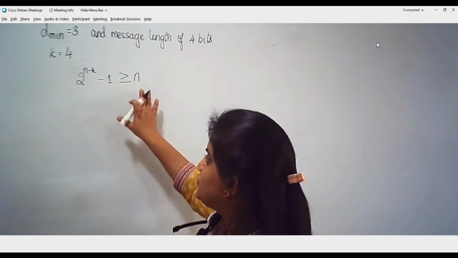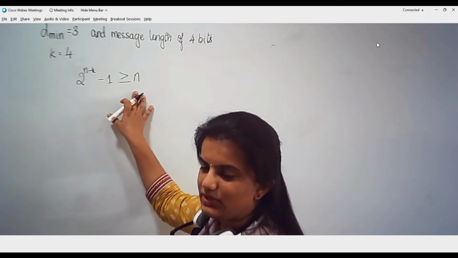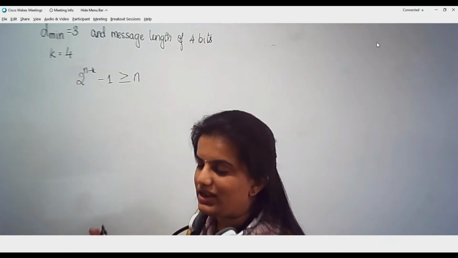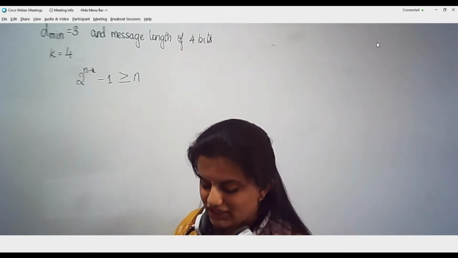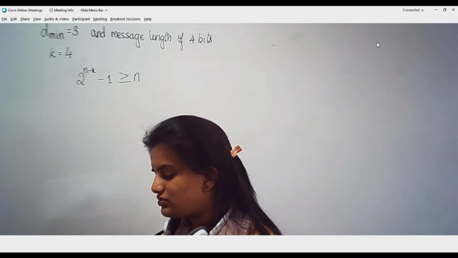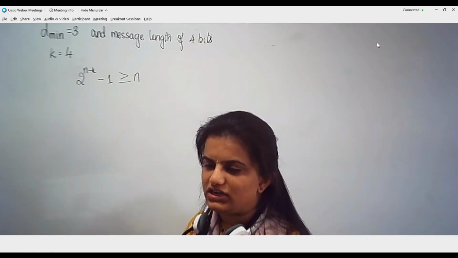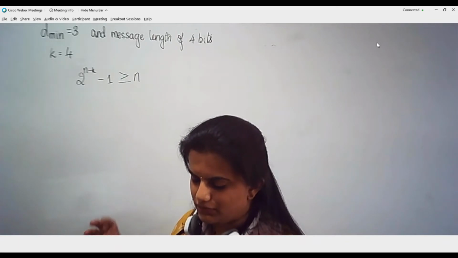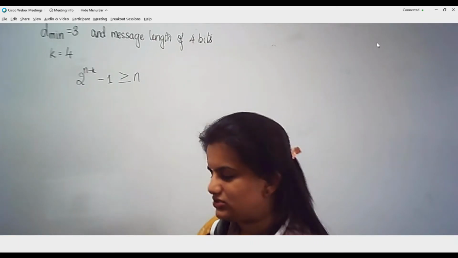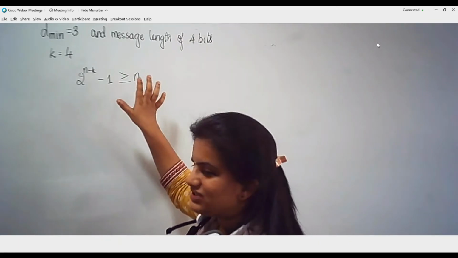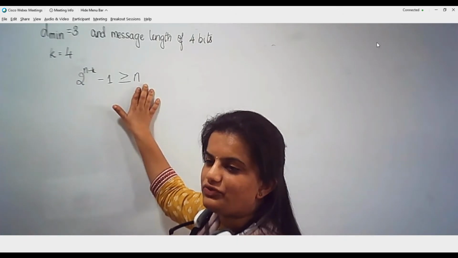When we do a trial and error method to satisfy this inequality, please remember we are going to construct a perfect code. Anything beyond that n value is going to lead to some other type of code which we are not interested in. So basically we are going to settle with the minimum value of n which satisfies this inequality.